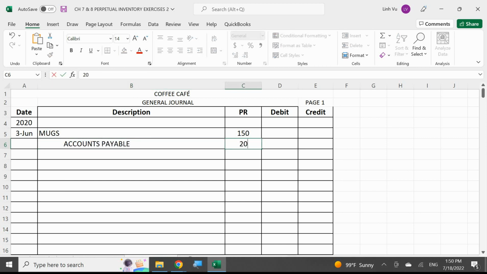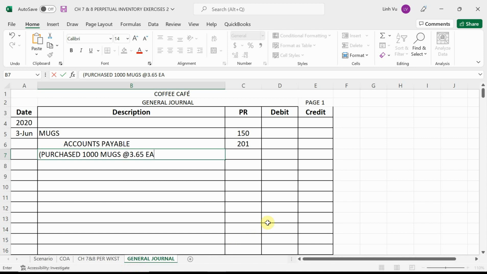Money. In this case, I'm going to put my description in here so we can understand. I purchased 1,000 mugs at $3.65 each with a freight of $100. If you want to include that too, freight $100.